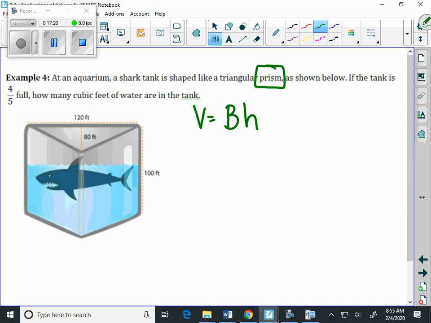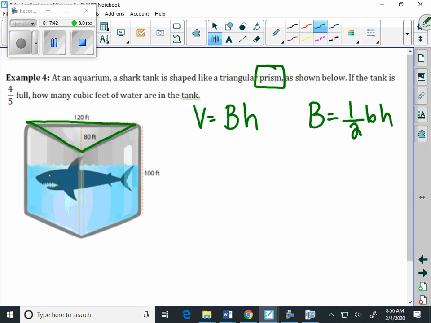And a reminder here is our base is the triangle. So worst comes to worst, you need to look at your formula sheet to find the area of the base for a triangle, and the formula is given to you, and that is 1/2 times base times height.